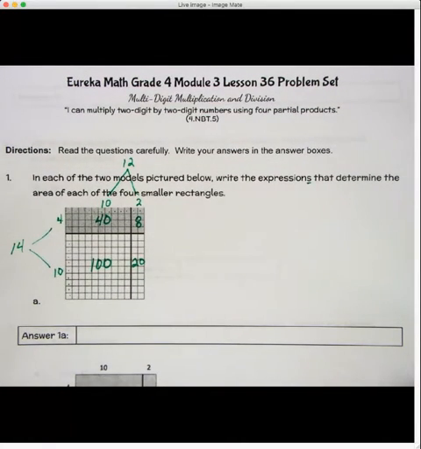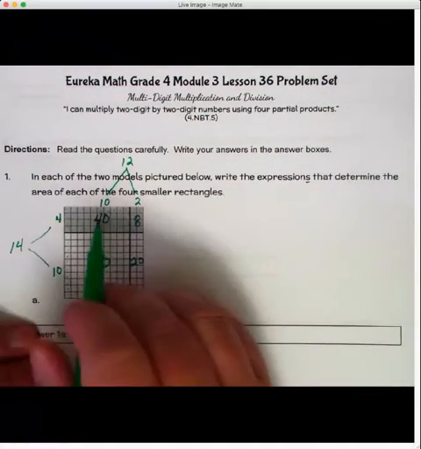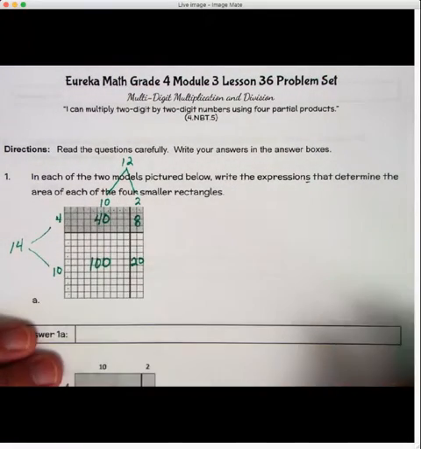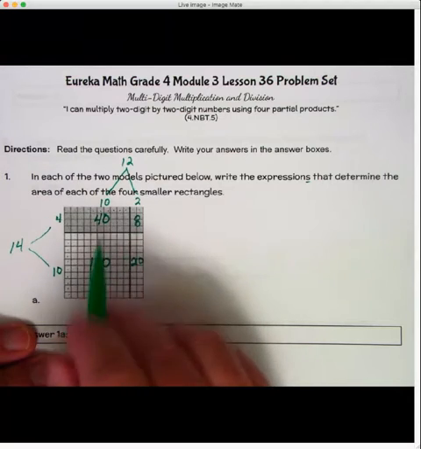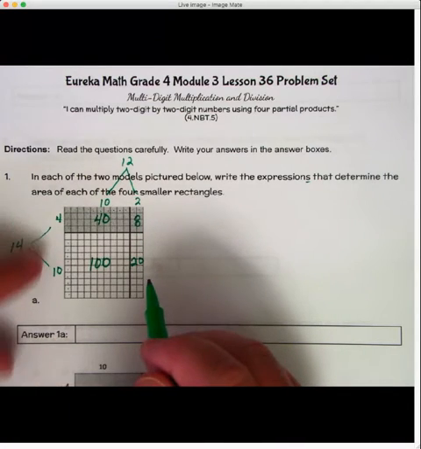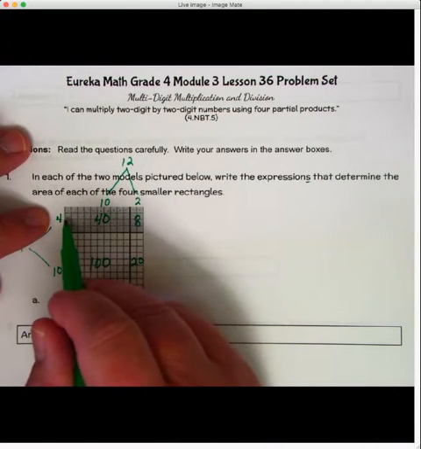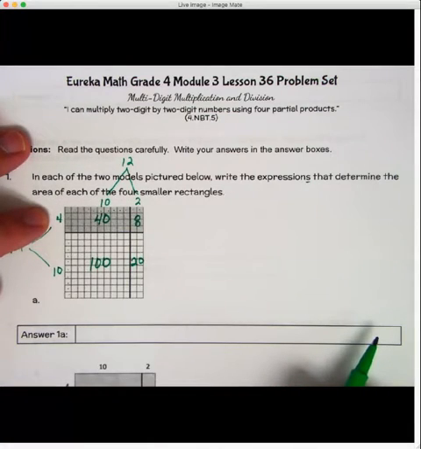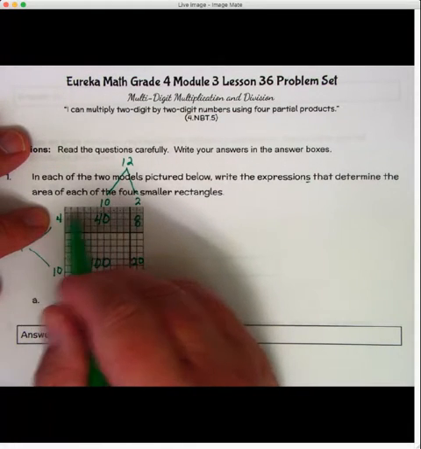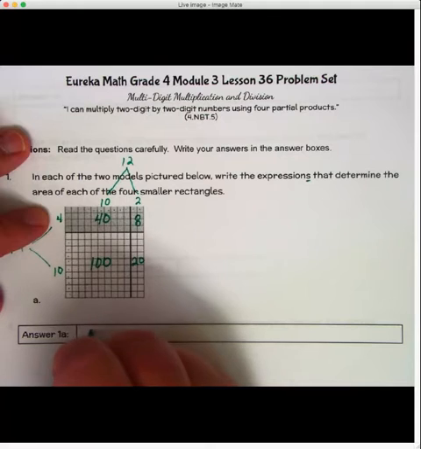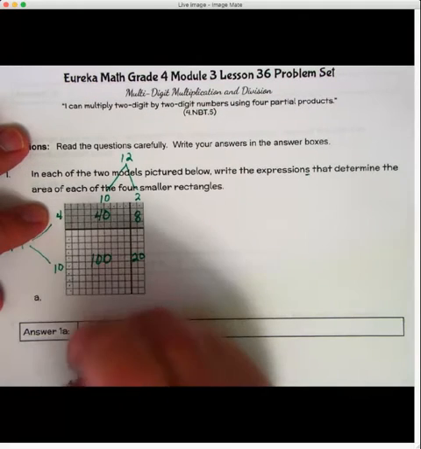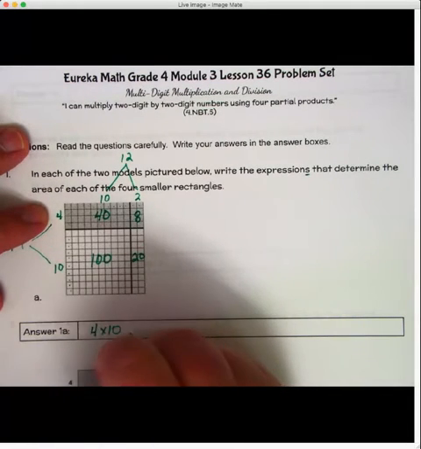First of all, what it wants us to do is tell the 4 things we multiplied together to get the answers inside these boxes. So we just have to look. And so we see first, this is what I want you to do, that I'm going to be checking on your assignment. The first thing we multiplied was 4 times 10. So we can just write in our box, we multiplied 4 times 10, comma.